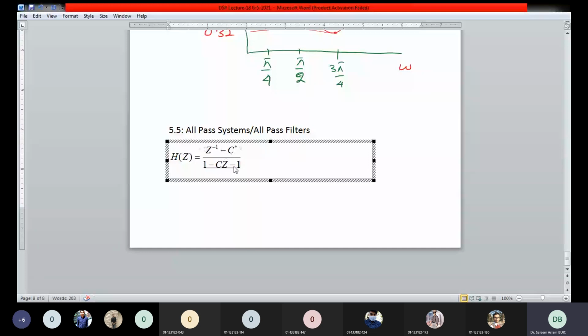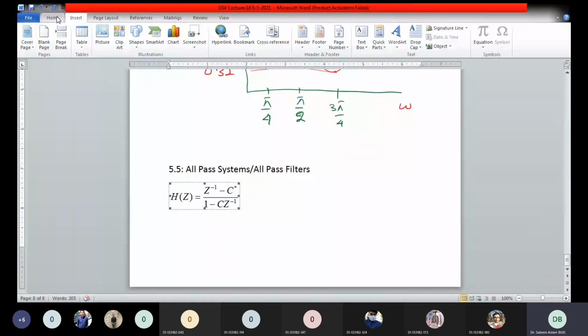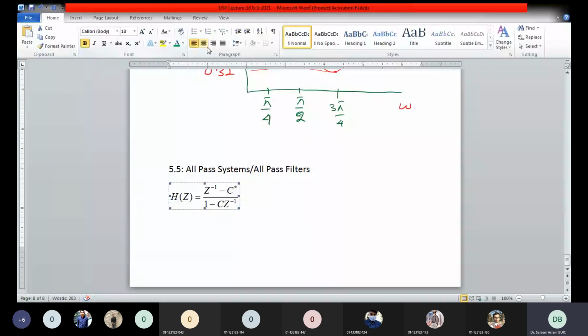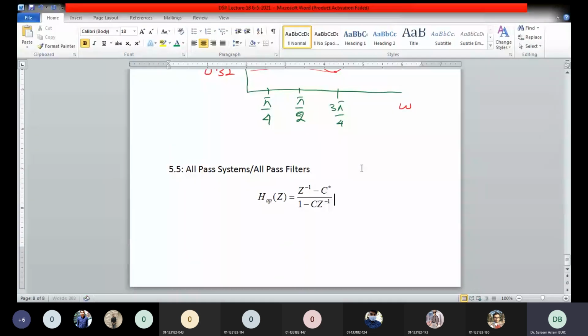Let me write this condition for all real cases. This is the basic Z transform expression for the all pass system. Let me write here AP, which stands for all pass, as a subscript: H all pass of Z.